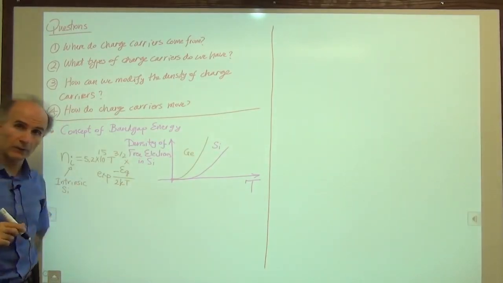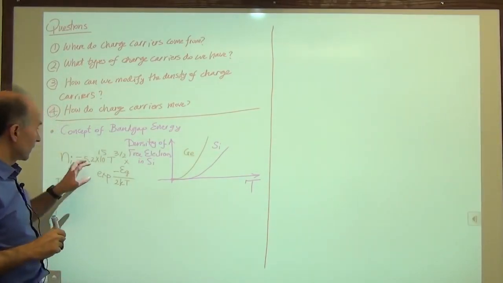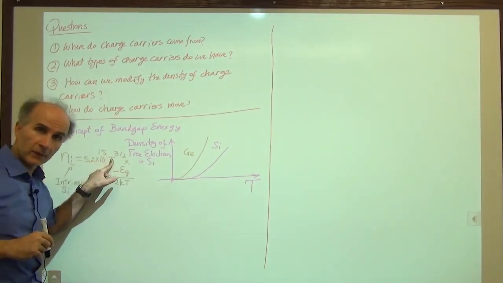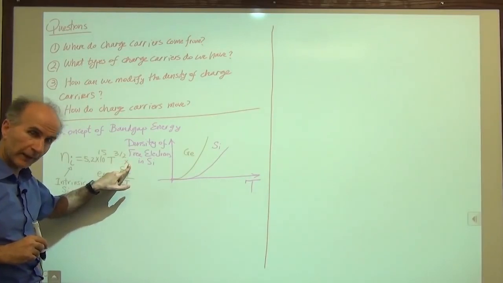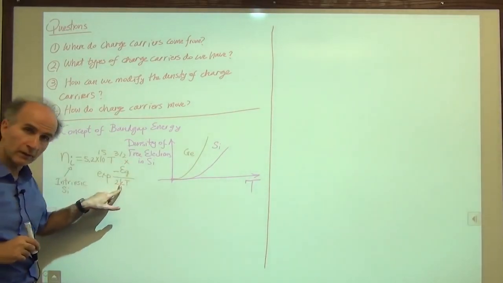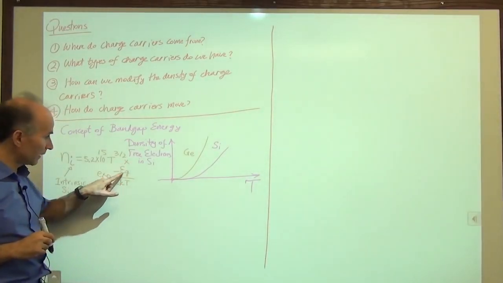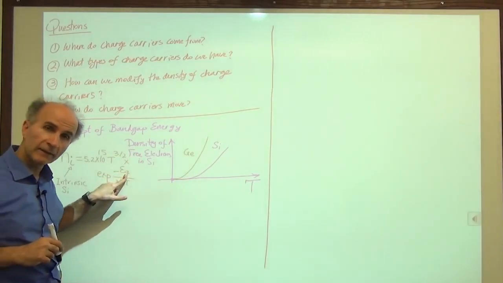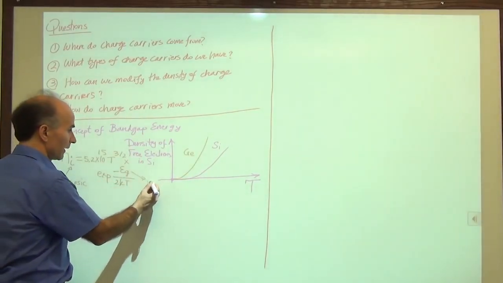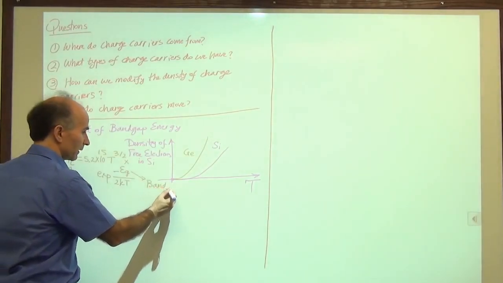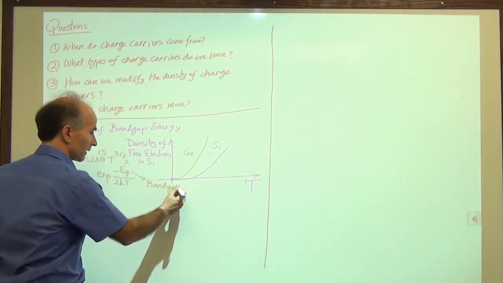All right, so let me walk you through these. We have some number times the absolute temperature to the power of 3 over 2 multiplied by this exponential. This exponential has something here which we call the band gap energy. So this is called the band gap energy.